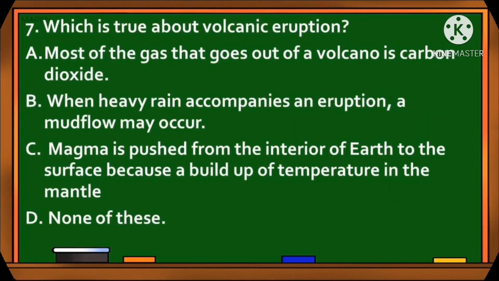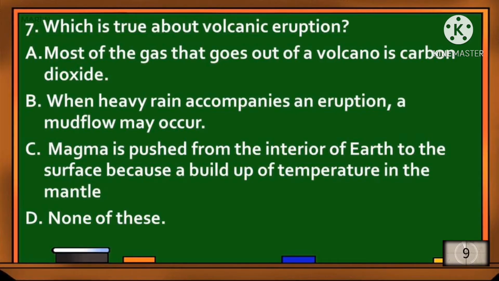For number 7, which is true about volcanic eruption? A. Most of the gas that goes out of a volcano is carbon dioxide. B. When heavy rain accompanies an eruption, a mud flow may occur. C. Magma is pushed from the interior of Earth to the surface because of a build-up of temperature in the mantle. And D. None of these.